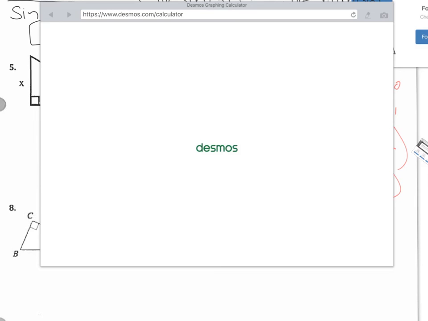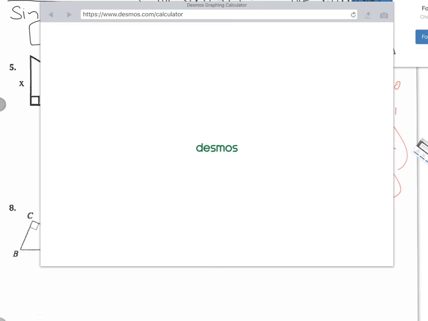All right, so I would do functions. So notice here it says arc cosine, arc tangent, arc sine, but it says inverse up at the top. So I would do arc cosine, which is just cosine -1, 12 divided by 15.